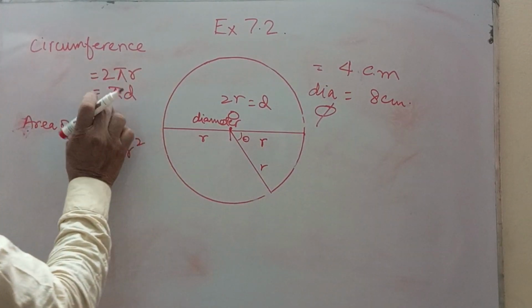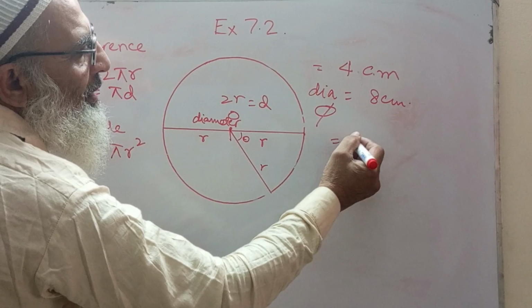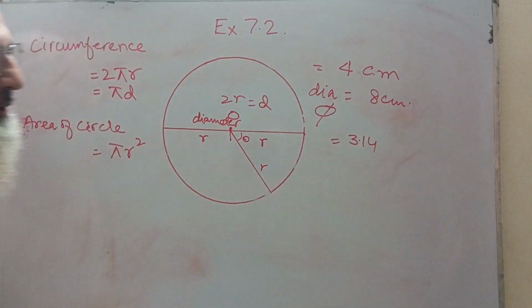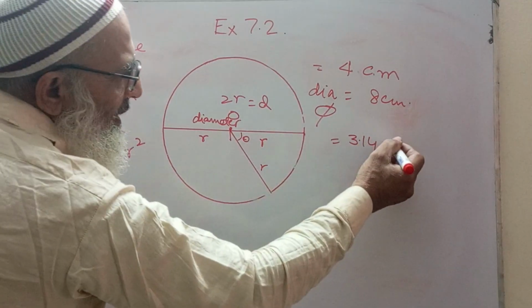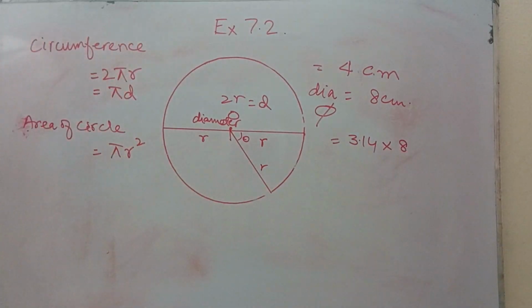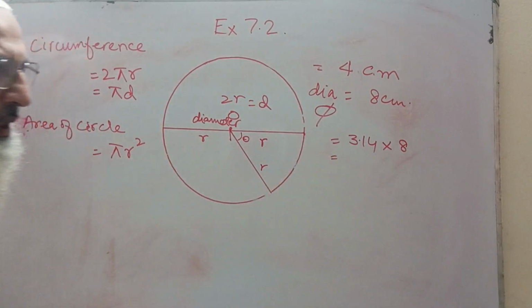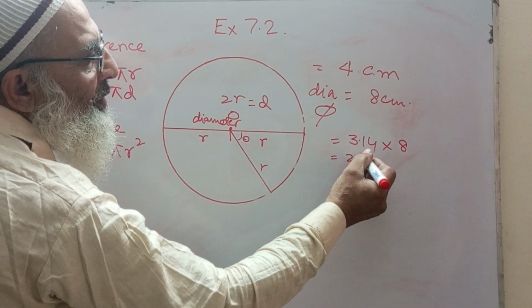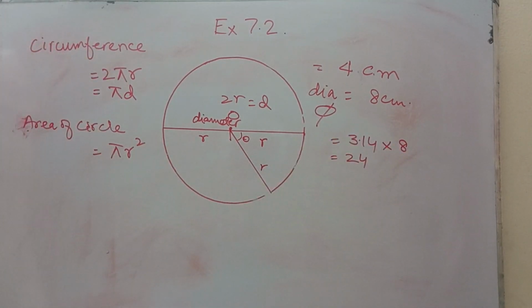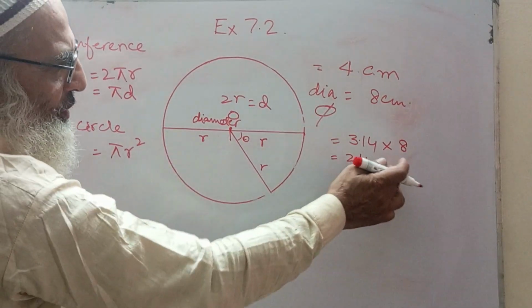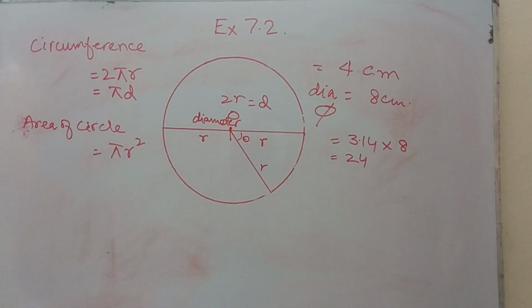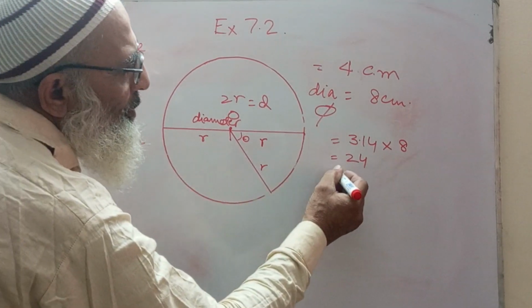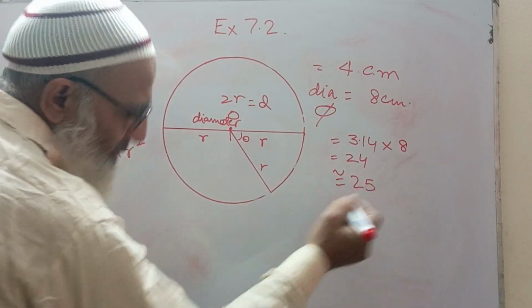Now from this we can easily find the perimeter. 3.14 is the value of pi, and just multiply it with 8. It will become approximately a little more than 24. 8 times 3 is 24, and some points also, or maybe equal to 25. Let me calculate it.